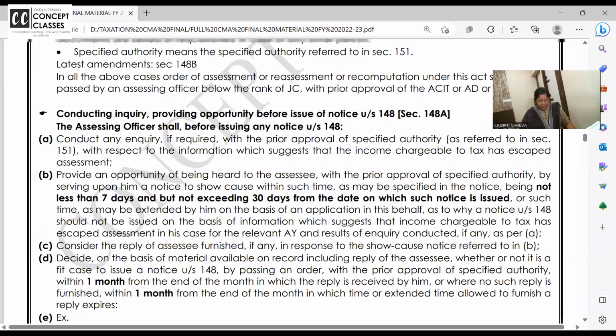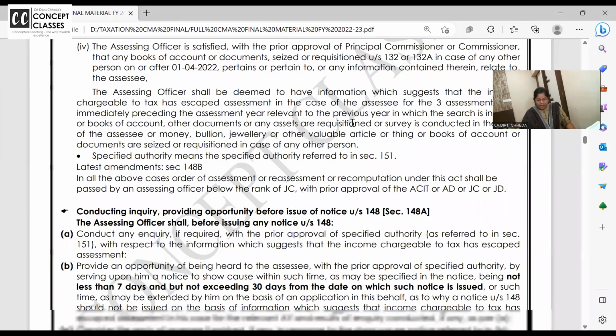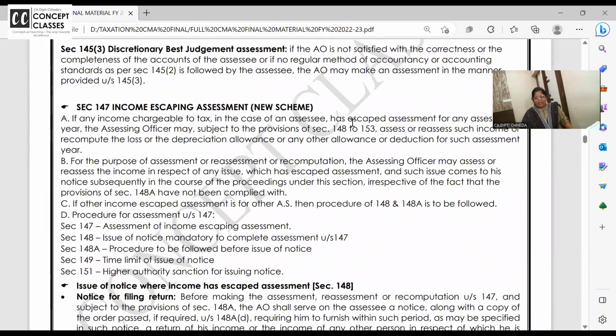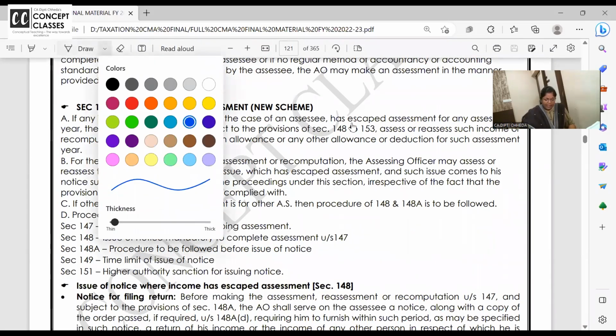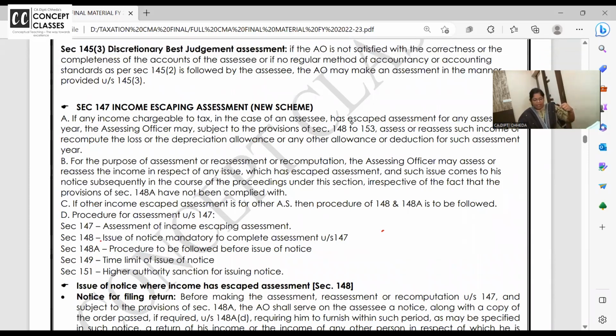Section 147: whenever the AO has a doubt that income has escaped assessment, he can issue a notice. For 147 assessment, the notice is to be issued under 148. And for issuing the notice under 148, you have to follow the procedure of 148A.